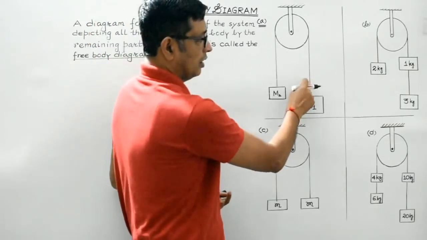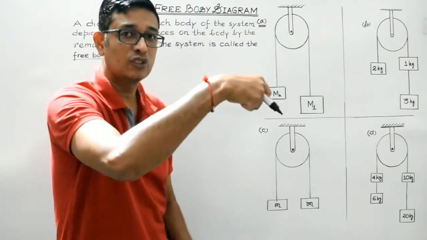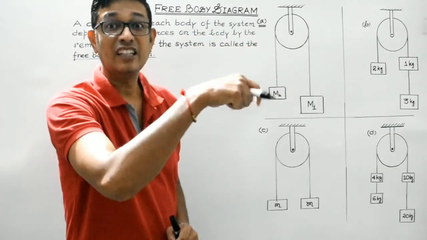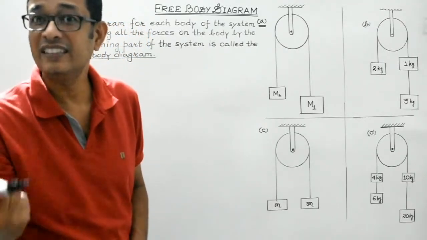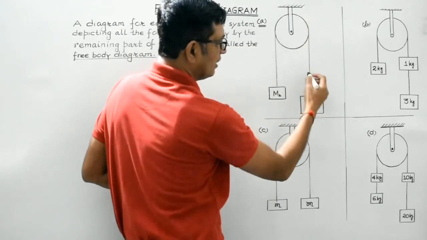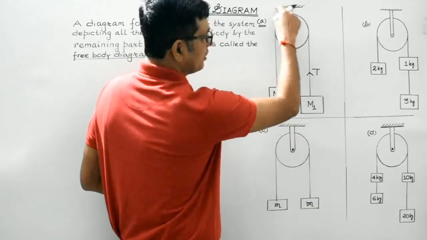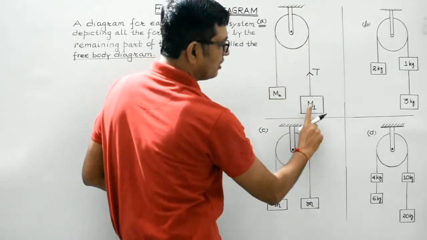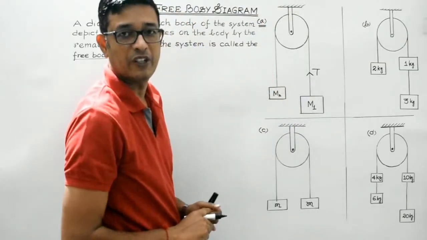So if you hold a body with the help of a string, then that body will exert a force in the upward direction. That is the reaction. And that reaction force is actually known as the tension. And tension always acts along this string towards the point of suspension. This is the point of suspension. So tension is a force which always acts along the string towards the point of suspension.